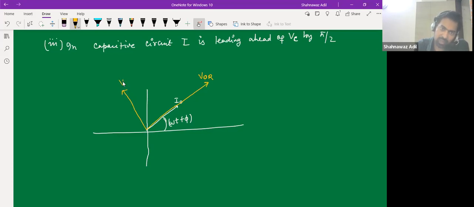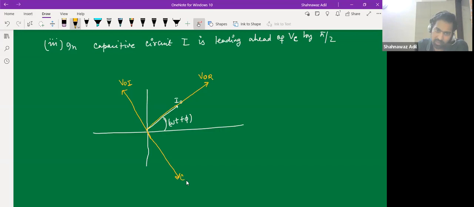So this is my V naught L. And similarly, my current is leading ahead of my voltage in the capacitive circuit, which means that this voltage is behind the current by 90 degrees.